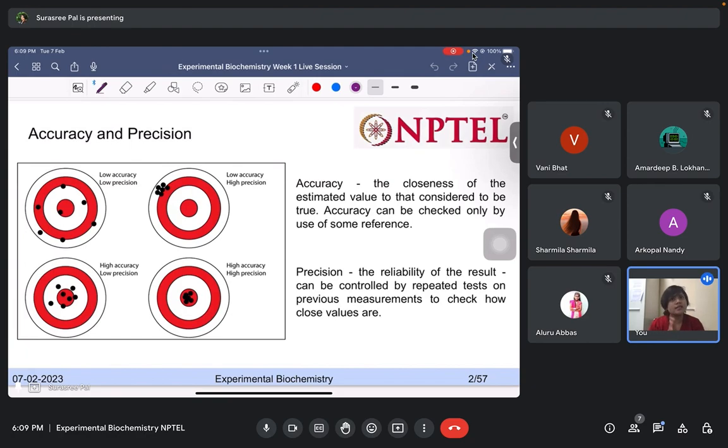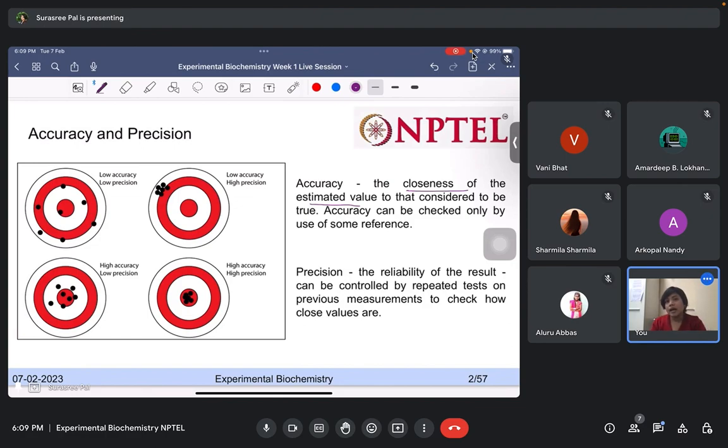These terms may mean very similar in colloquial language, but accuracy and precision, scientifically, are quite different terms. Accuracy is the closeness of the estimated value to that which is considered to be a reference value. So what is this reference value? For example, we have taken a volume of liquid and we know that this volume is 10 ml.